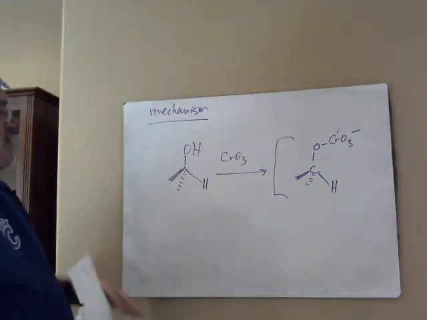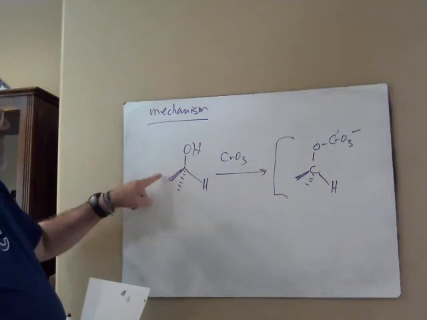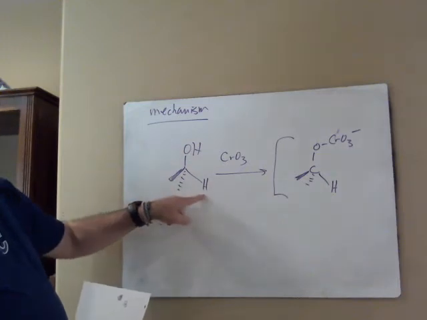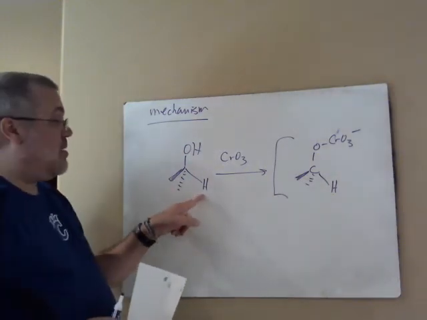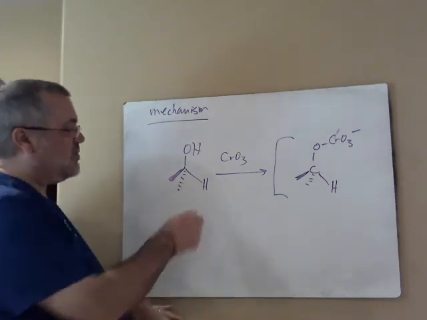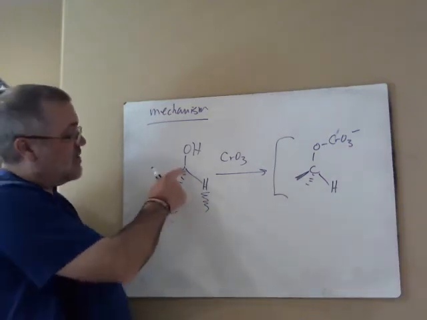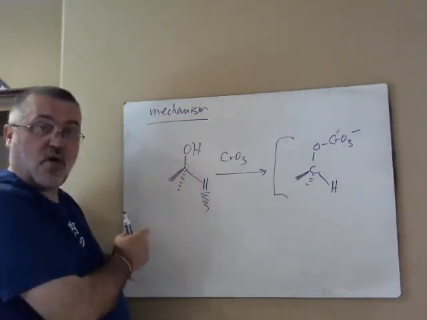Because what I'm basically showing is, if this were a tertiary alcohol, these would all be R groups. But if it's a secondary or a primary, I'm going to have at least one H attached to the carbon which bears the OH.